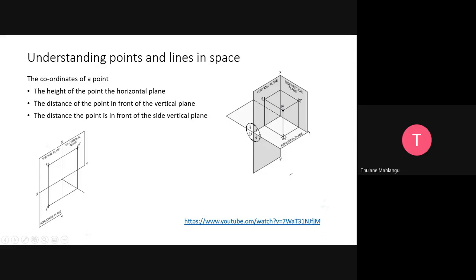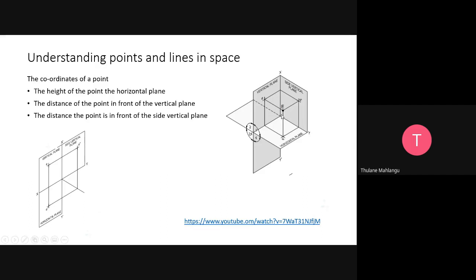So the three ways that we use to describe the exact position of a point are the coordinates of a point, the height of the point above the horizontal plane. So if you look at the pictorial drawing there, the uppercase E, there's a line below the uppercase E to the horizontal plane.